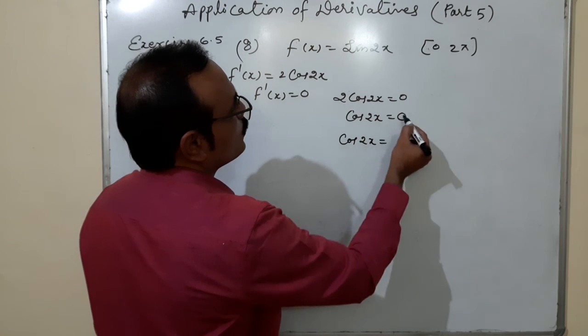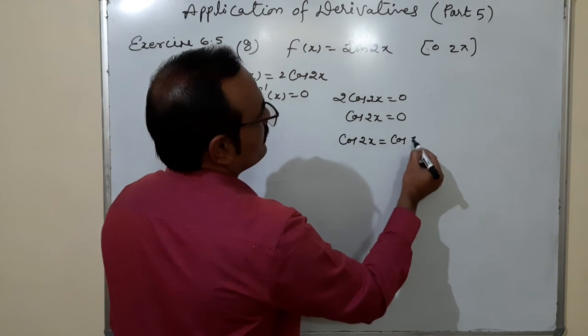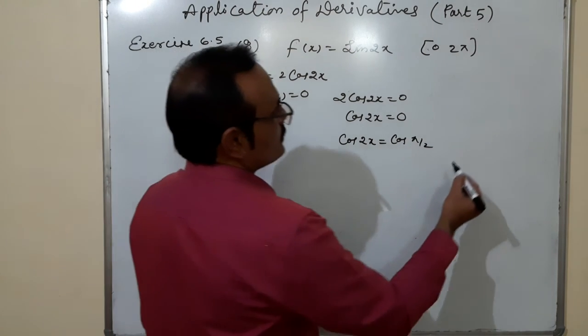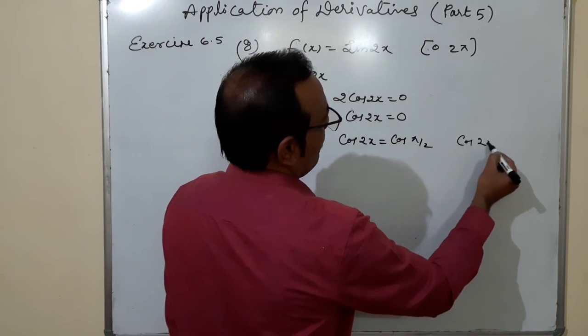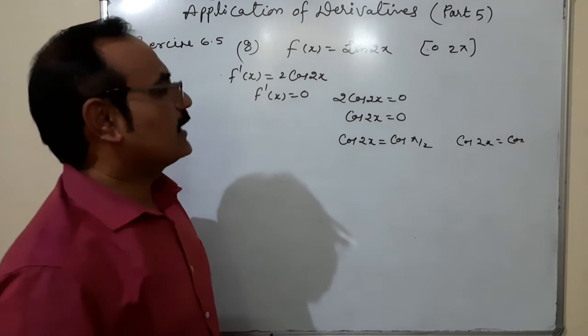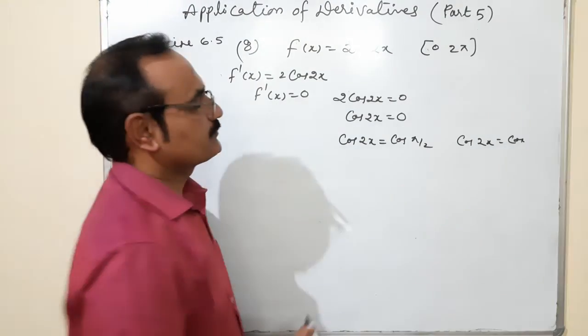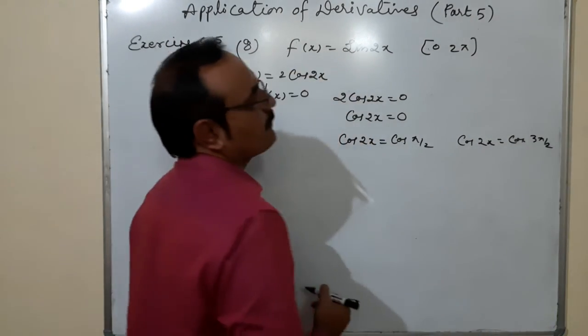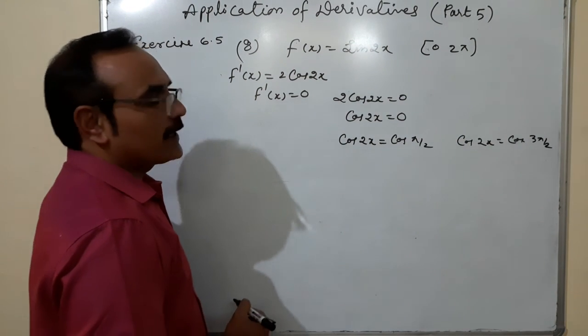Cos of pi by 2, that is 90, and then 270, 3 pi by 2. So there are two places where we are getting 0.